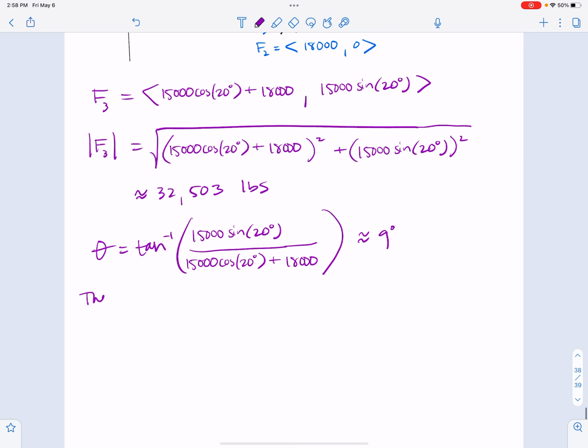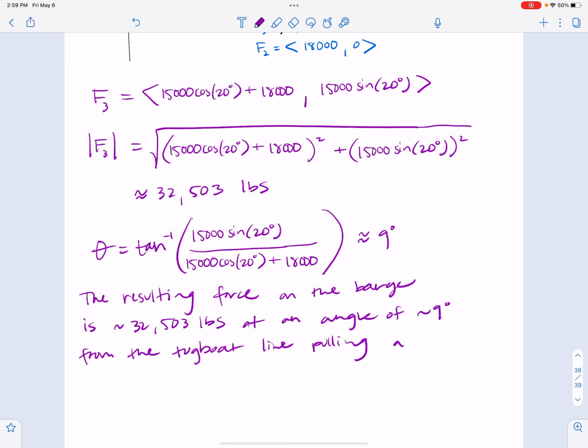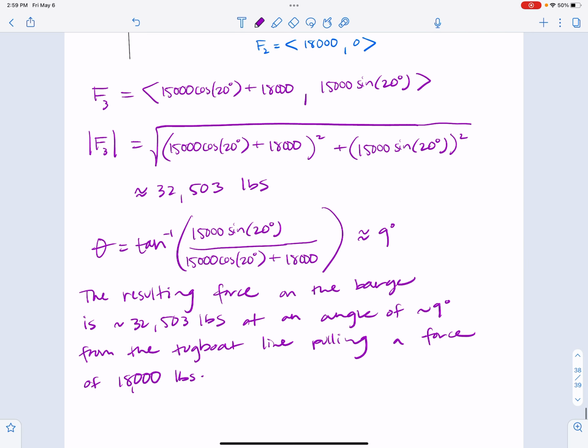So we can say that the resulting force on the barge is approximately 32,503 pounds at an angle of approximately 9 degrees from the tugboat line pulling a force of 18,000 pounds, or something in an angle, some sort of direction.